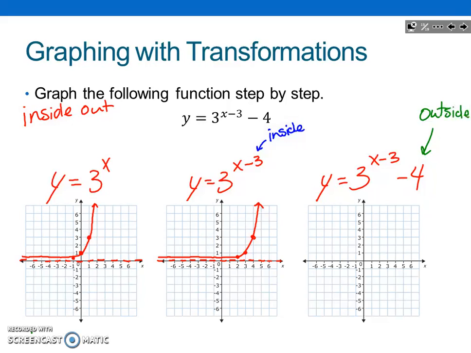So that's going to be a vertical shift. It's going to cause this to move down 4. So I'm going to have each of my points now shifted down 4. Okay. So there's our shifts that we're going to have for lesson 47.